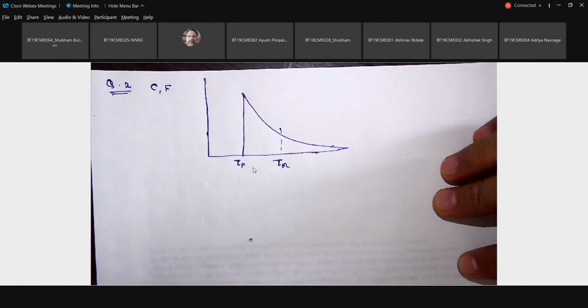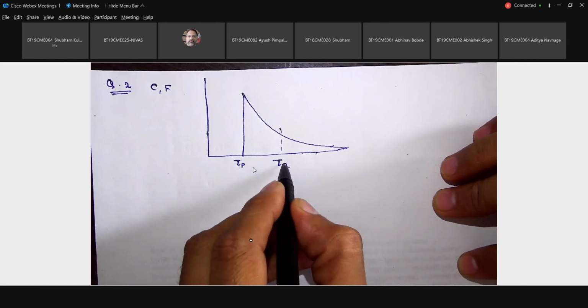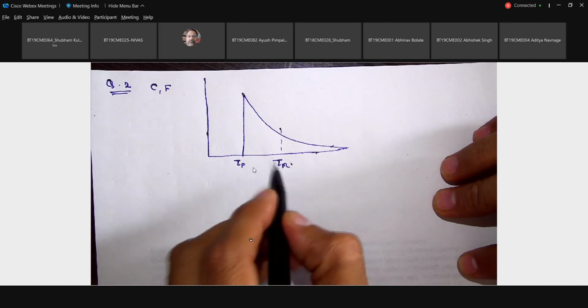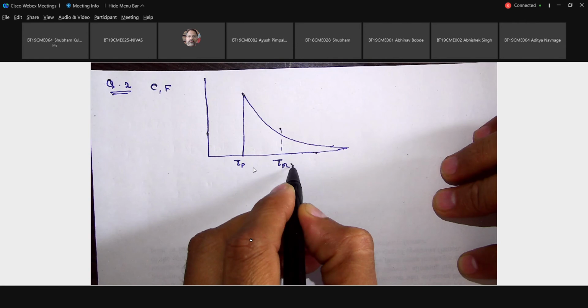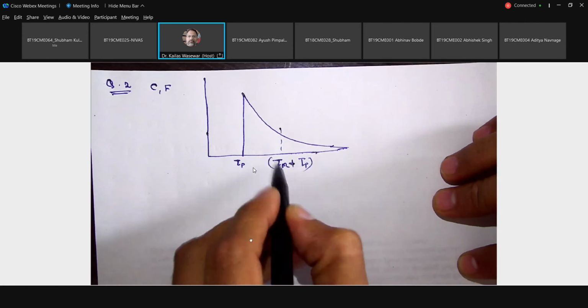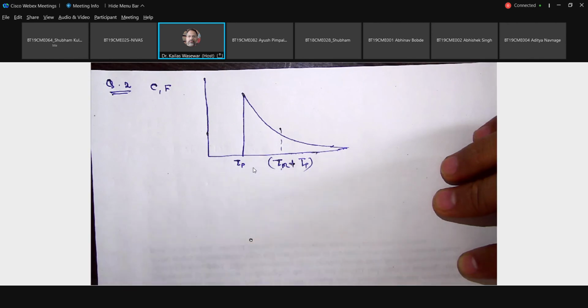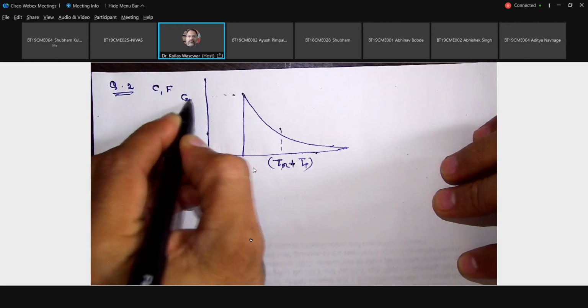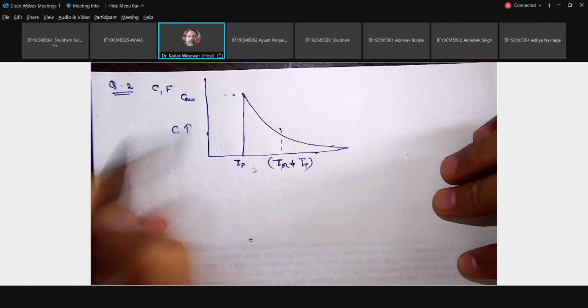It will not be exactly tau m; it will be tau m plus tau p. Remember, because tau m will be minus of this. C max you can put, no problem.